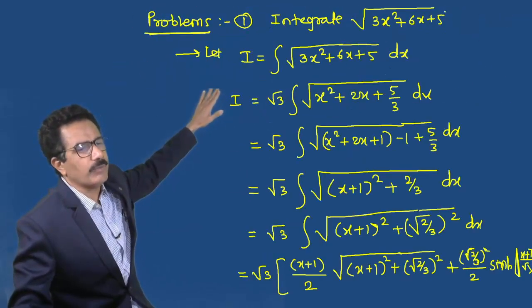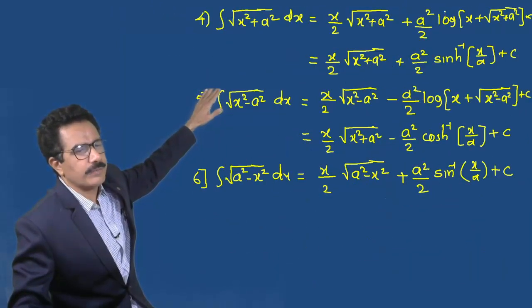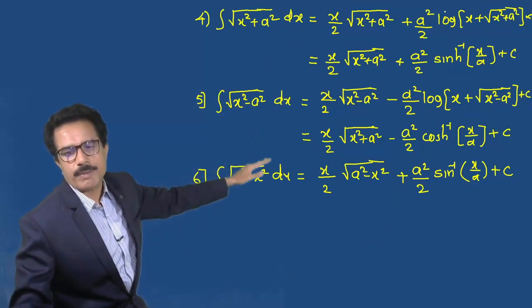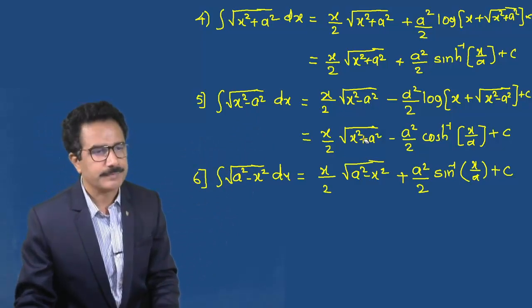There is a standard formula for x square minus a square, what is the standard formula? Integral of root x square minus a square is equal to x by 2 root x square minus a square.